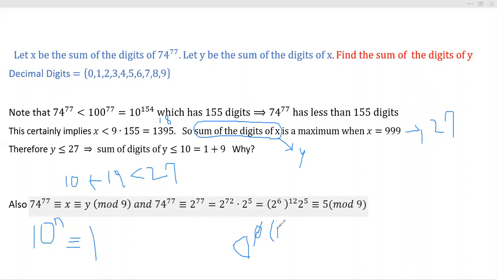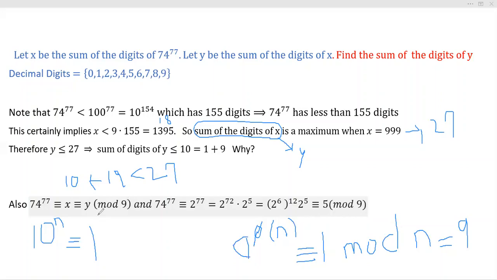The standard result is that if a and n are relatively prime, a to the phi of n is congruent to 1 mod n. Here our n is certainly 9, and that's what this result depended on.